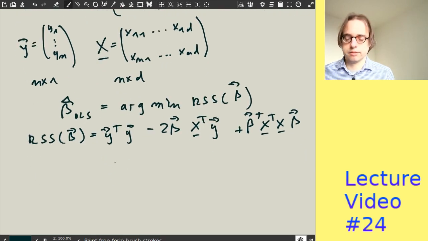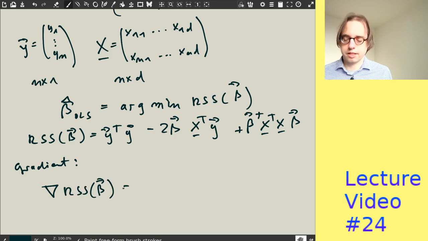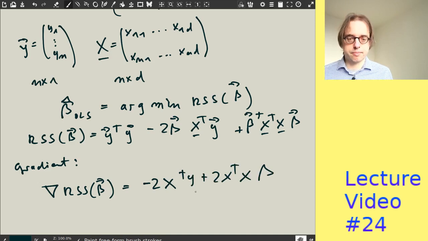That's our function. Now we can compute the gradient. The gradient is the first order derivative with regard to beta, and that is simply minus 2x transpose y plus 2x transpose x beta.